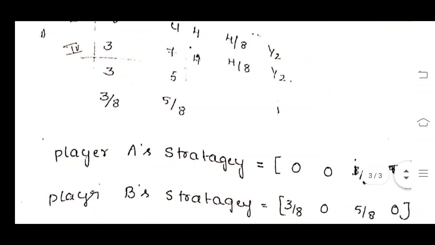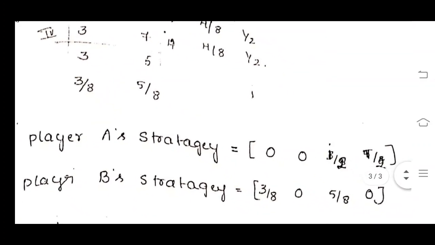Similarly for the fourth column, the difference we have written is 5, that will be written in the numerator, and in the denominator the sum of the differences, that is 3 plus 5, 8. Therefore the probability for player B of the first strategy is 3 by 8, and for player B of the fourth strategy is 5 by 8. And in the question they asked you to find out A's and B's strategy.